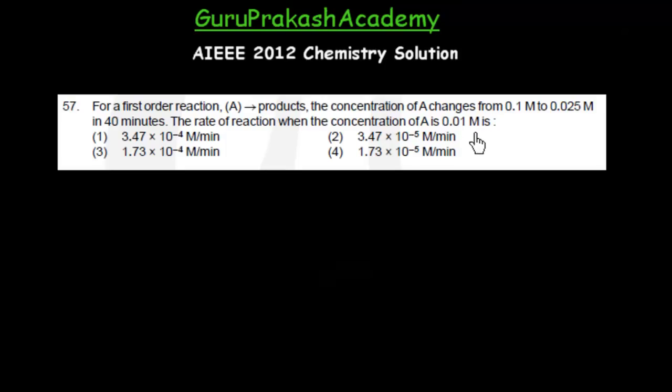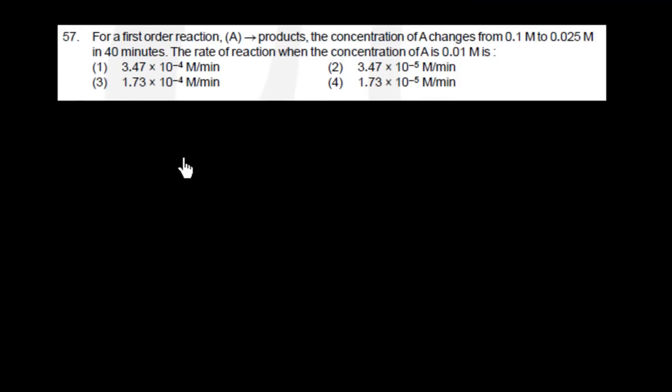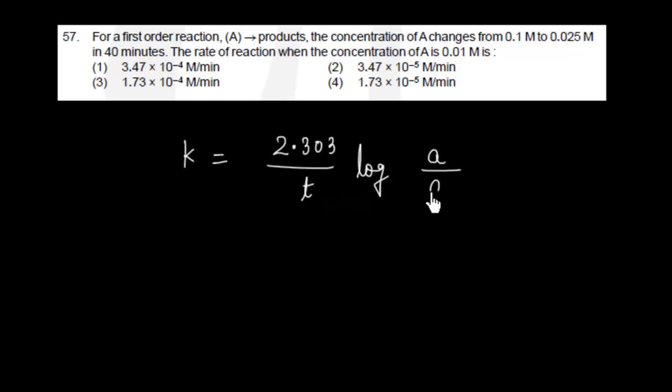So we have to find the rate when concentration is 0.01 M. For a first order reaction, we have the rate constant K equals 2.303 divided by t log A by A minus x. So this is the equation we have for first order.